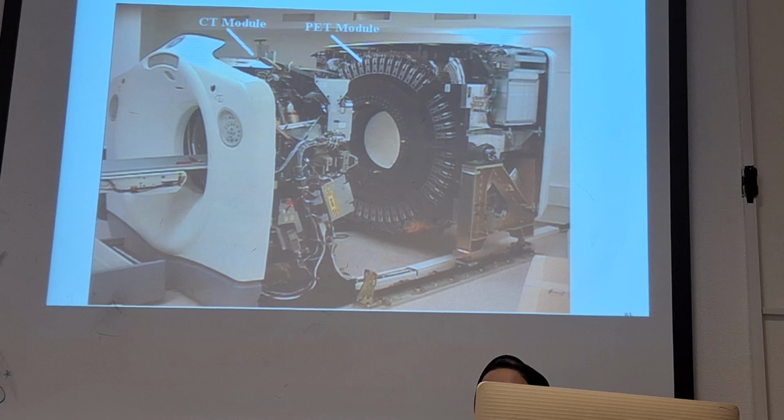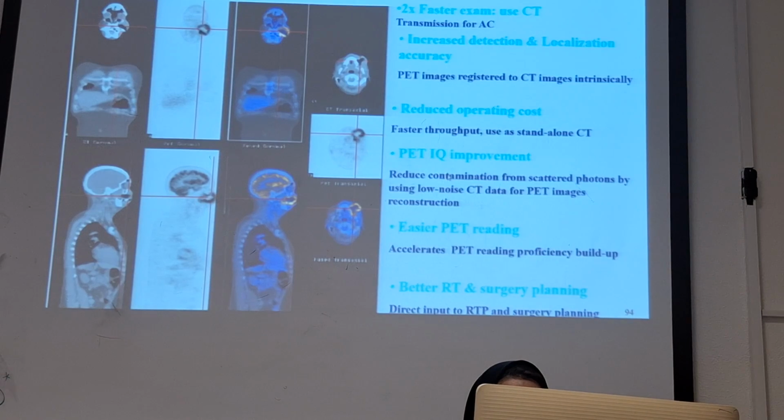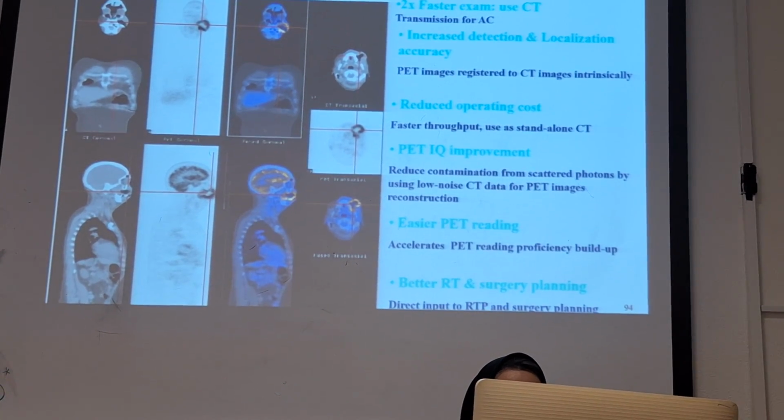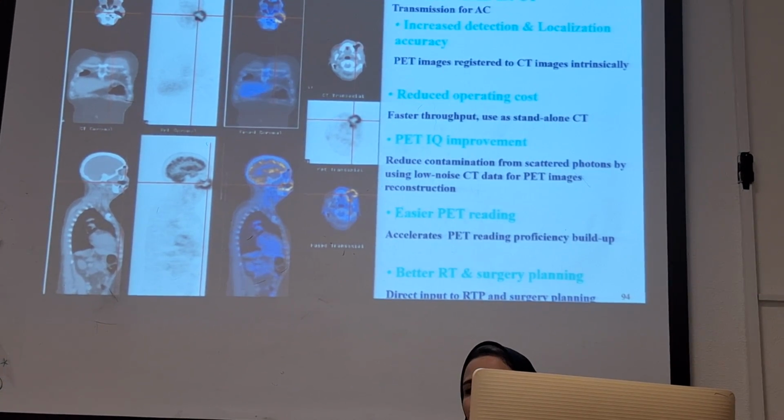In dual modality imaging, for example PET CT, SPECT CT, yeah? This is my CT mode, the CT gantry. You read about the physics, yeah? And this is my PET mode. Why do we use the PET CT?